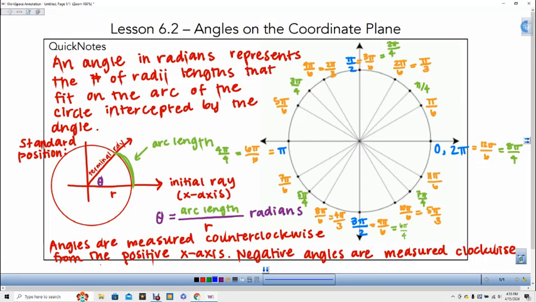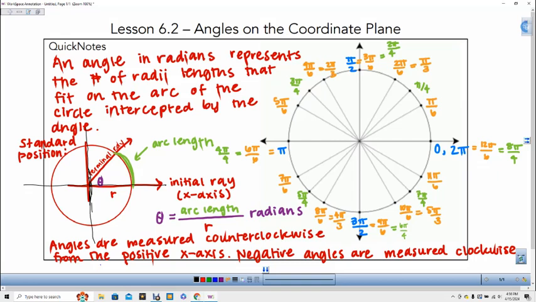Your standard position for a radian measurement in the circle is going to be based off of the positive x-axis. Now this is with the coordinate plane, and this one doesn't exactly pass through the center, but imagine that it does, as we're centering the circle on the origin of the coordinate plane.